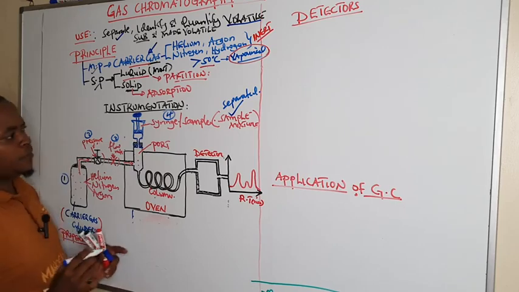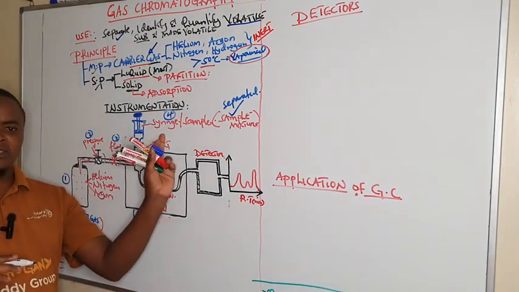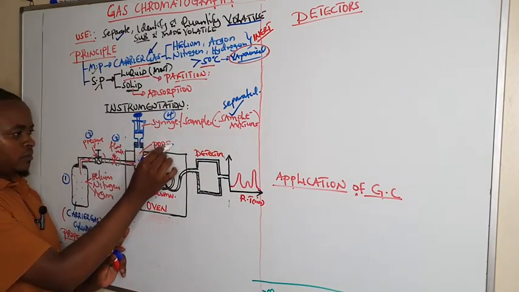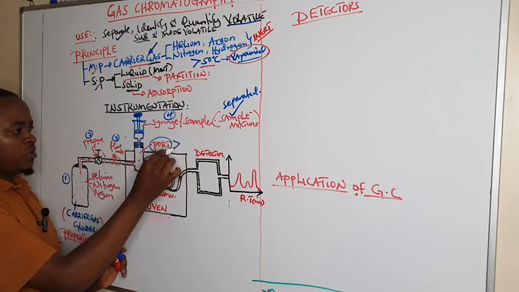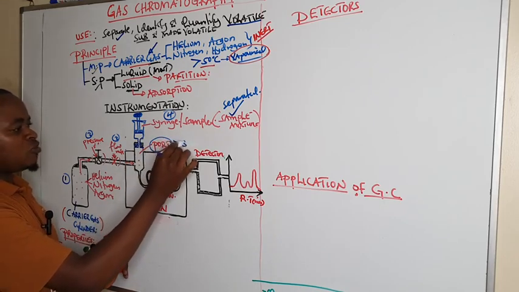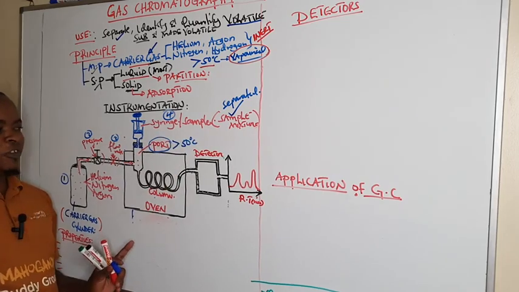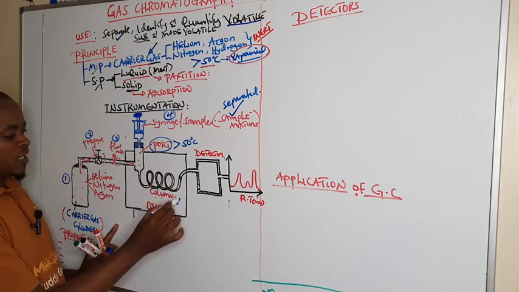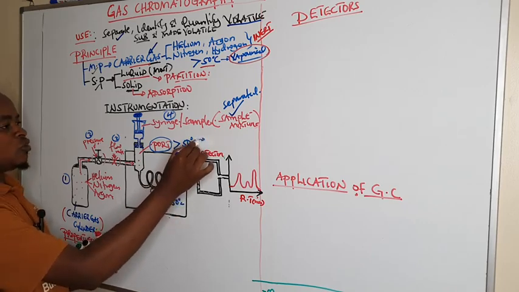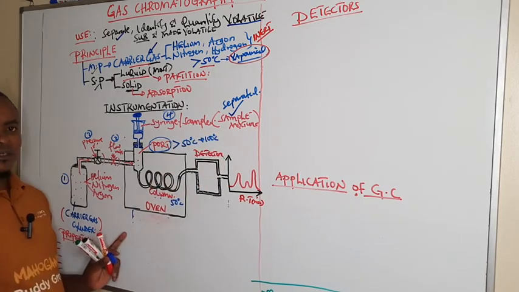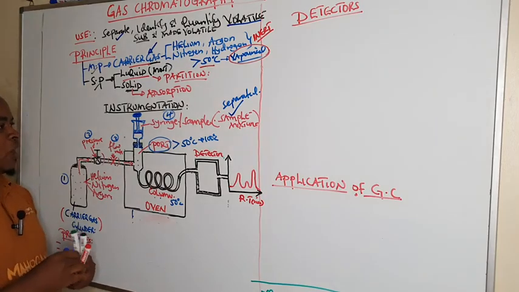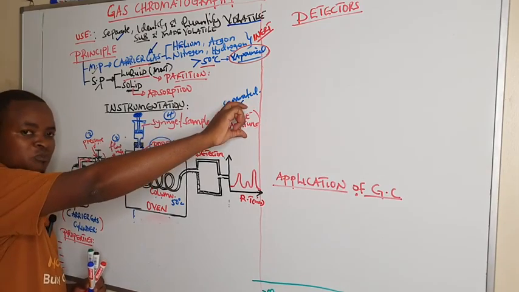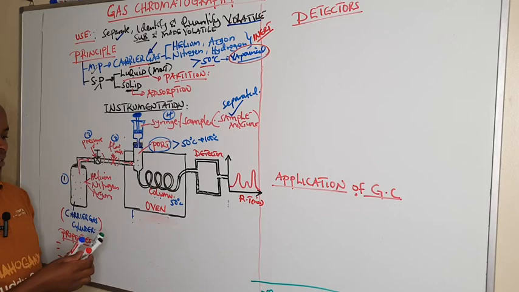But we are saying this syringe is connected to the injector port. And this injector port's temperature should be greater than that of the column by 50. What do we mean? If the column temperature is 50 degrees centigrade, this one should be 100 degrees centigrade. Why? Because we want to make sure that this sample, which contains the substance to be separated, is vaporized.